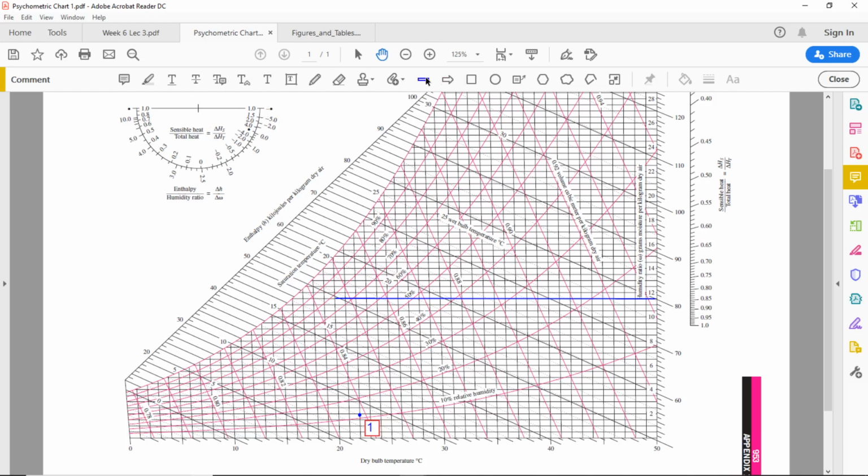So if I go to the protractor and draw a process line with a slope of 2.69 kilojoule per gram, so this is 2.5, 2.6, 2.69, this is 2.7.